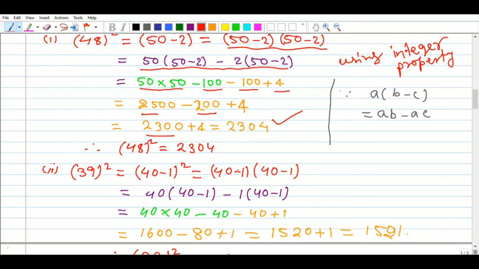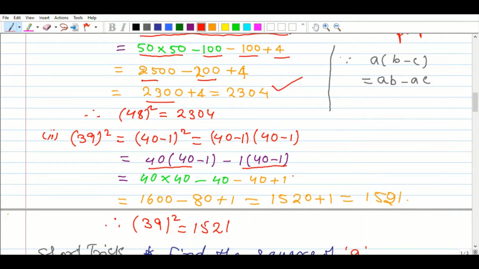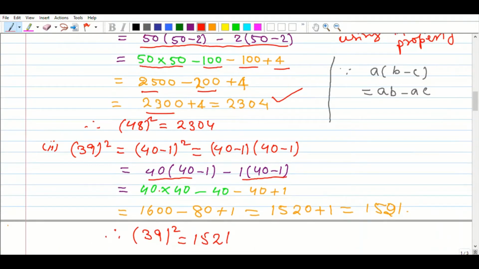So I have written here, and doing as above we get this expression. Now it becomes 40 into 40, 40 into 1, 1 into 40, minus, plus, minus.